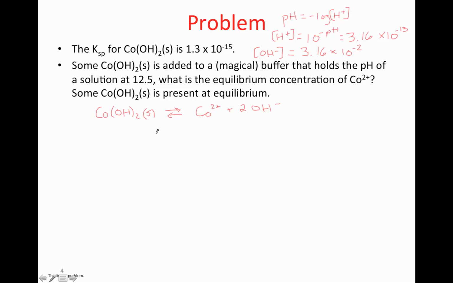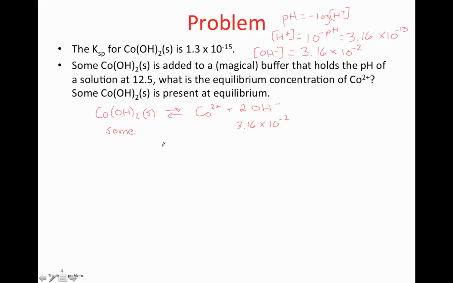In any case, let's now write down what our initial conditions are. We're not sure if we're going to do a BCA table or an ICE table, but let's certainly go ahead and put in the initial concentration. So we say that we put some of this in water, and my initial concentration here of the hydroxide ion, determined by the buffer, is 3.16 times 10 to the minus 2.